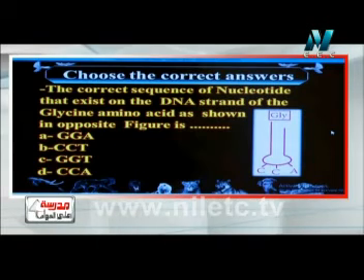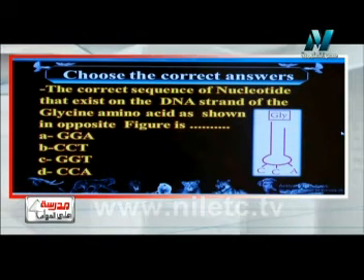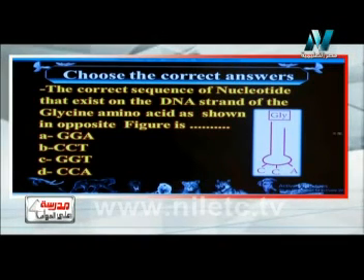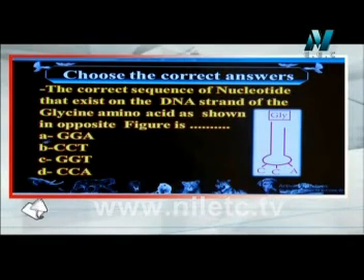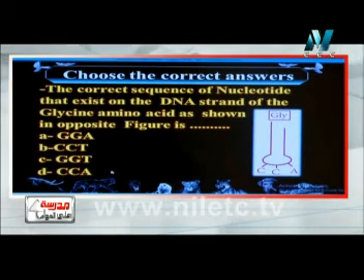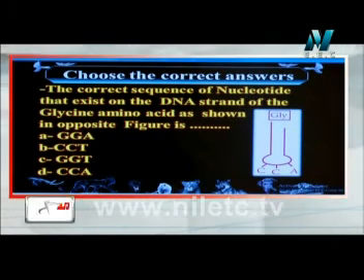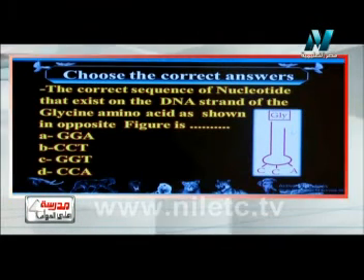The correct sequence of nitrogen nucleotides that exist in the DNA strand of the glycine amino acid, as shown in the opposite figure, is dots. The first choice is GGA, B CCT, C GGT, D CCA. This part of the image represents the tRNA.